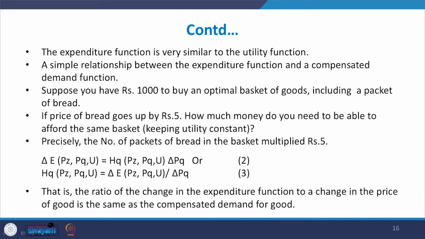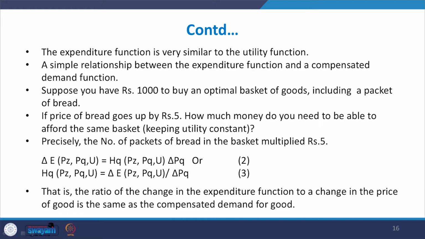So, delta E is the quantity of the product purchased and the net change in the price. HQ is thus equal to delta E(PZ, PQ, U) divided by delta PQ, and this is actually the ratio of the change in the expenditure function due to the change in the price of the goods.